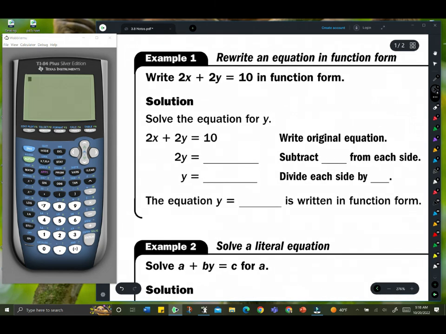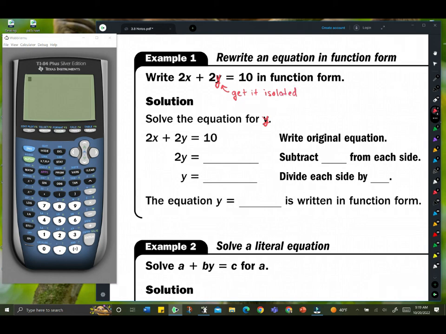So what we are doing essentially is solving for y. I'm going to highlight this y in red, and that's what we want to get by itself. We want to solve for the y. So we need to get it by itself, get it isolated.